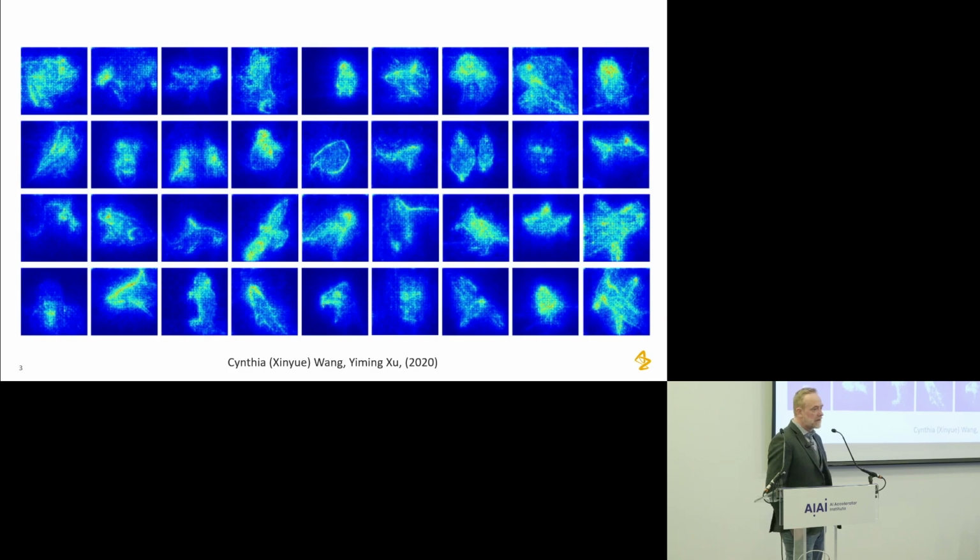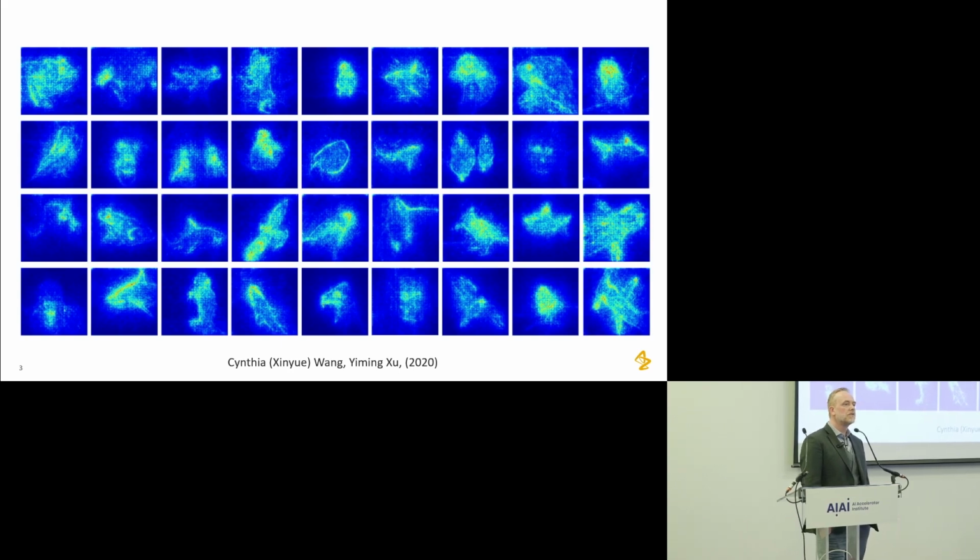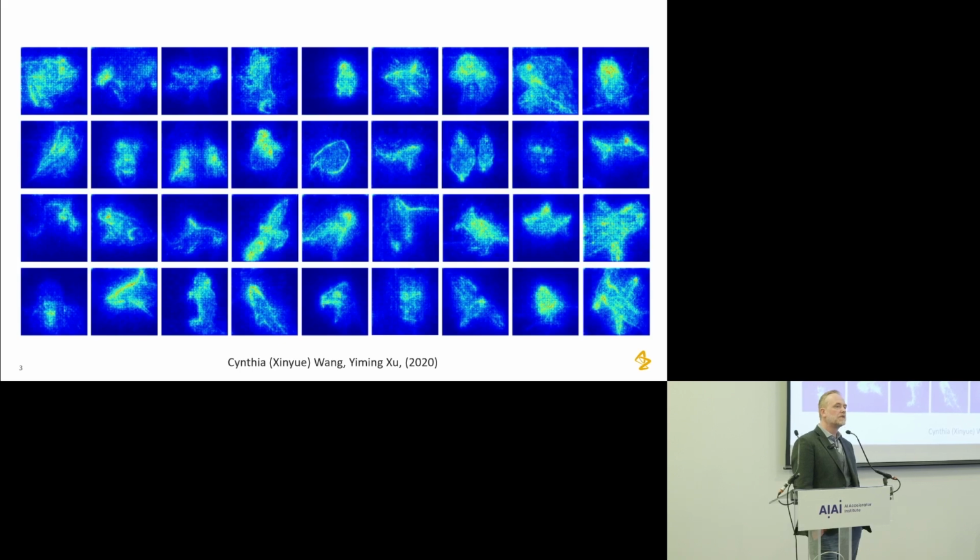So you're probably all familiar with, or many of you will be, saliency maps, or heat maps, or gradient explainers, these kind of splodgy images that you get that show where in an input image a network has been focusing its attention in order to come to a conclusion, in order to make a prediction.